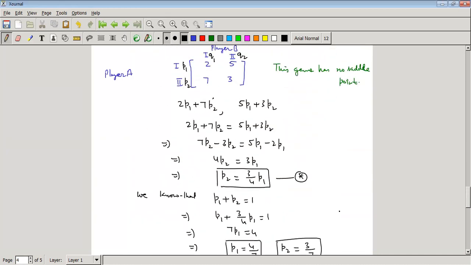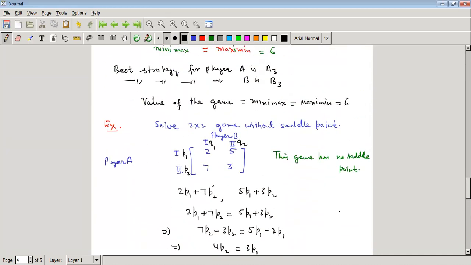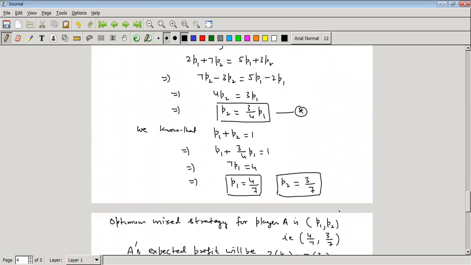And similarly, if we talk about player A, what is the probability for player A? P1 is 4 by 7. It means out of 7 times, player A plays this game with strategy number 1, 4 times.